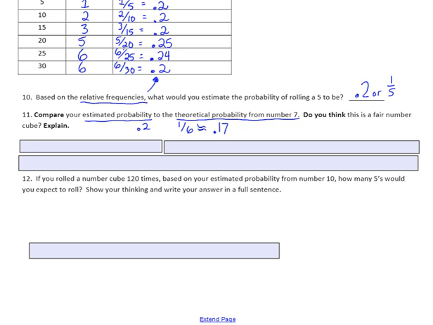In order to compare these, I'm going to change the estimated probability of 0.2 to the nearest hundredth as well, so that I have 2 decimal places in each number. So that would be 0.20. So comparing my estimated probability to the theoretical probability, I have 20 hundredths and 17 hundredths. Those probabilities are very close together.